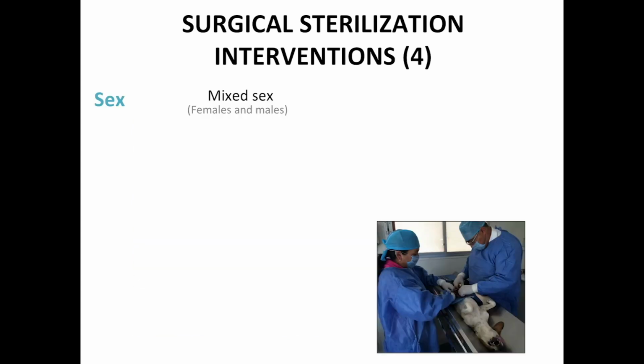So dogs in the models were targeted for sterilization based on sex in 2 categories. Mixed sex included both male and female dogs, and then we also have a category for female dogs only.